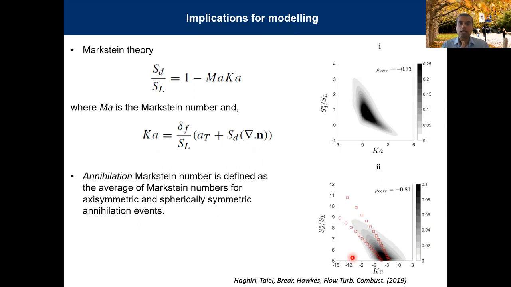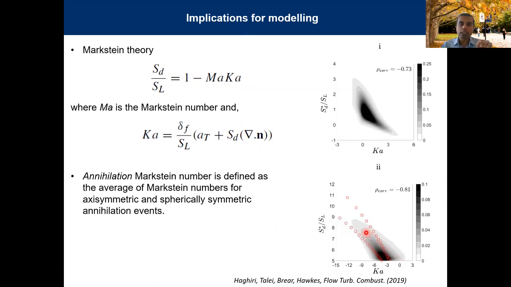This is the way that we could identify them. If we plot ST over SL as a function of Karlovitz number for these events only, we can see that the Markstein number recommended in the literature cannot explain the behavior here.